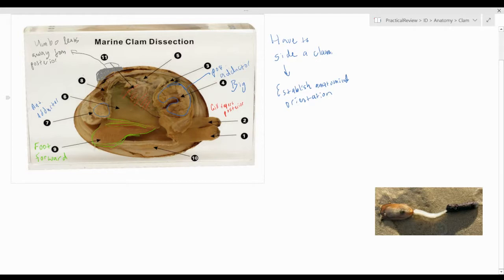It has linear segmentation, and the gill tapers a little bit toward the posterior. So the larger end of it will be on the anterior, and the slighter side will be posterior. So that's one way to keep track of the gill, but the best way is to be able to recognize the tissue.